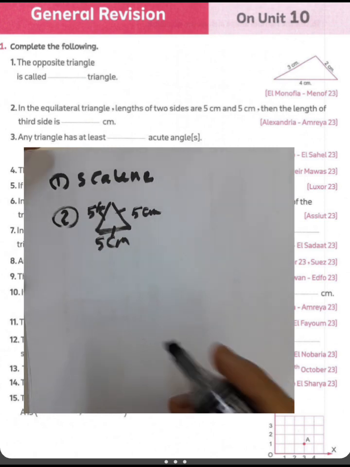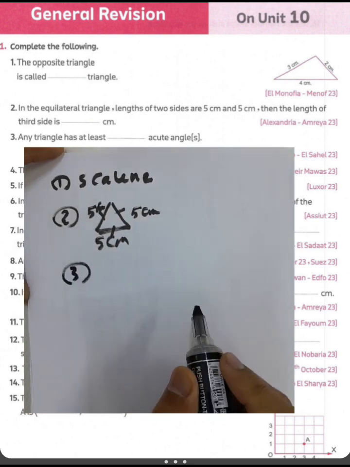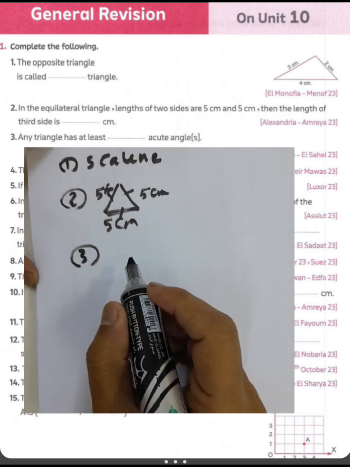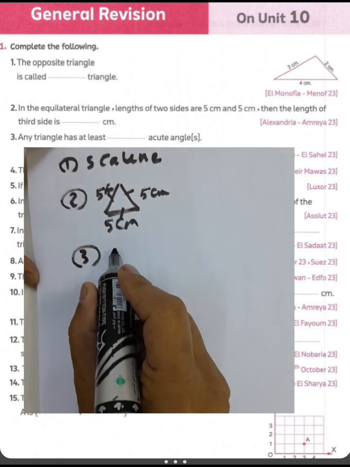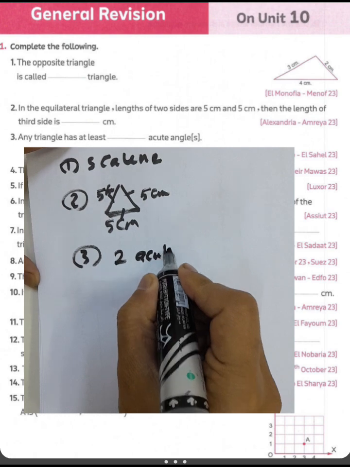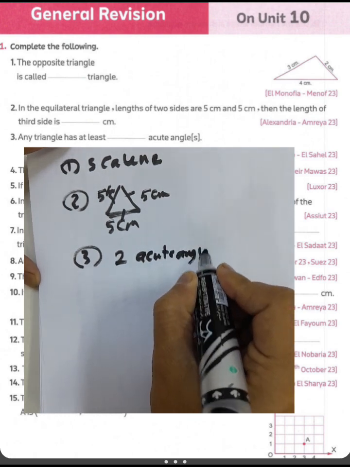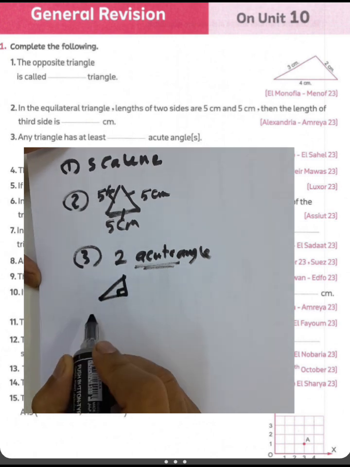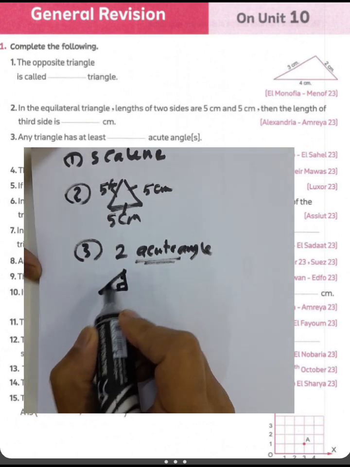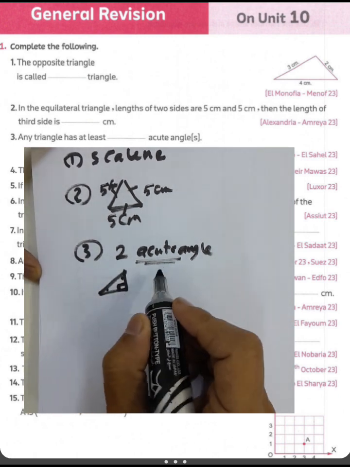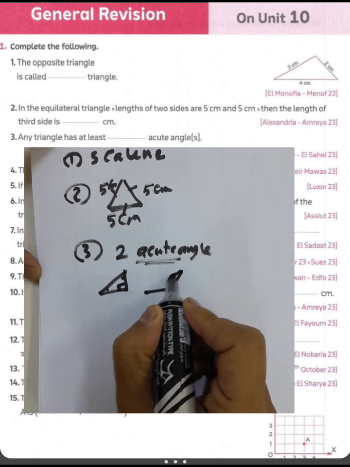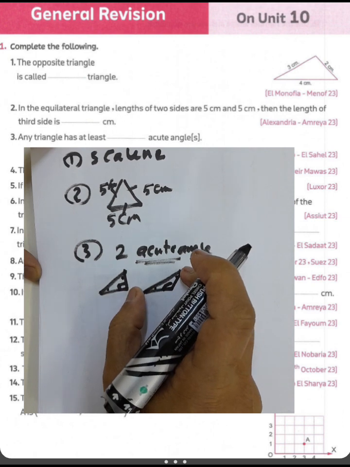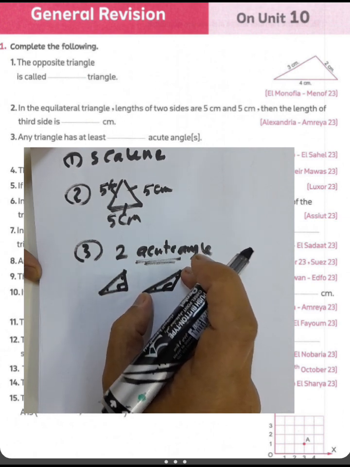Question number 3. Any triangle has at least 2 acute angles. If we have a right angle triangle, then we will have 2 acute angles. If we have an obtuse triangle, then we will have 2 acute angles in this triangle.